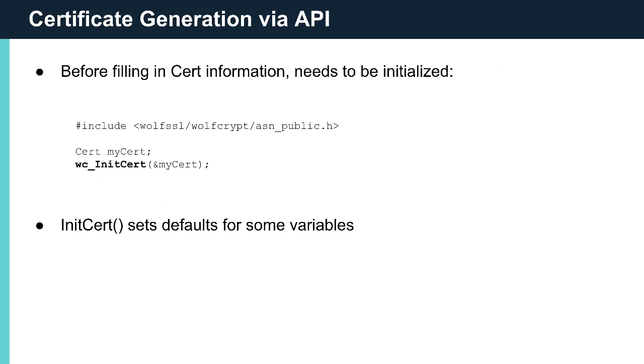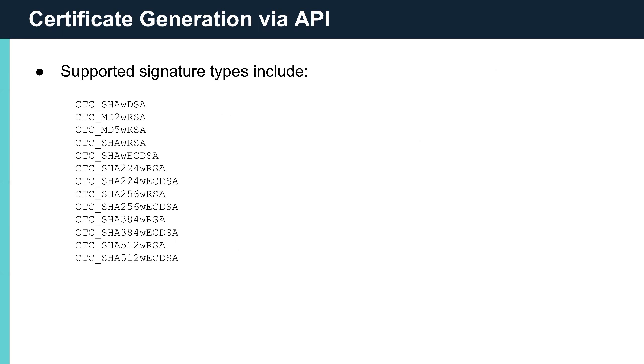It sets some defaults for some of the values. When you're setting the signature type, it's going to look something like this, a CTC_ prefix. If you're wondering what CTC stands for, that stands for CyaSSL crypt, which is our old wolfCrypt name. We just kept the same internal enum values around. So you'll set your signature value depending on what you desire there.